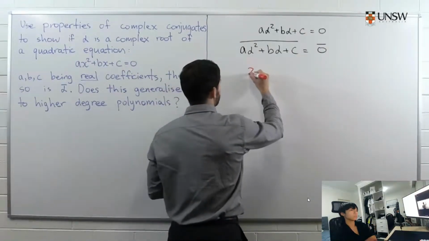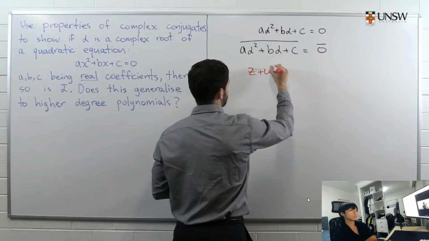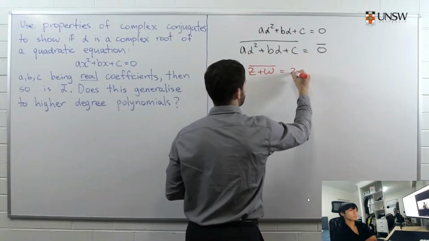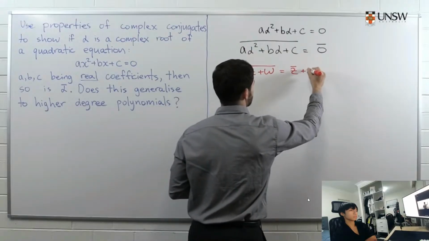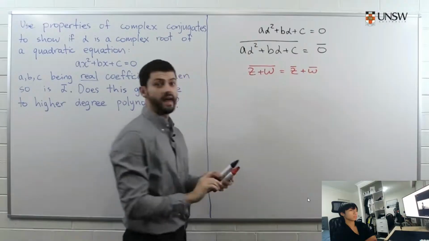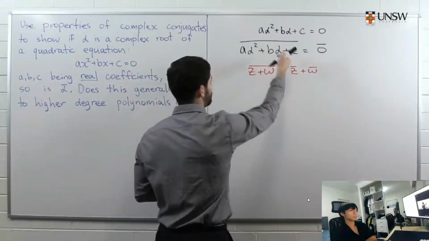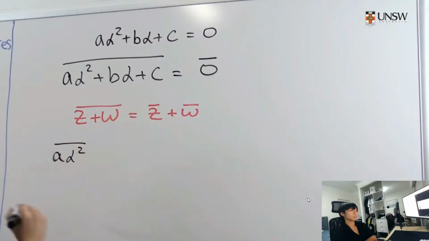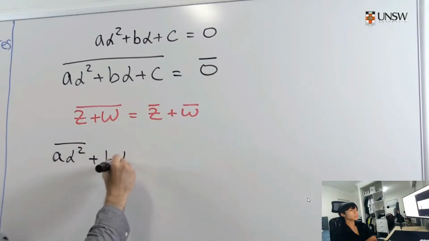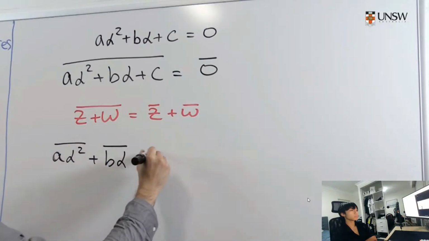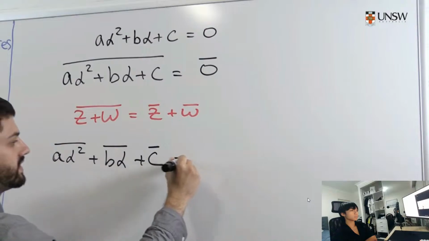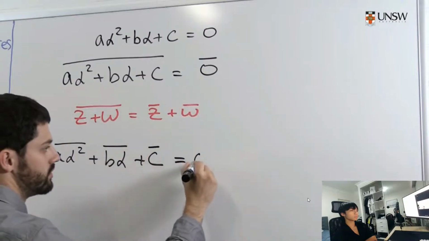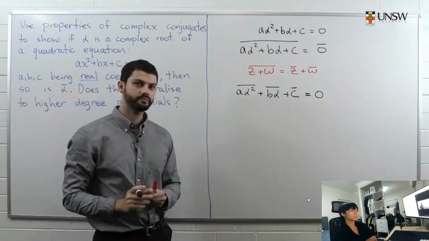So if we have two complex numbers, z and w, the conjugate of the sum is the same as first taking the conjugates and then adding them together. Applying this formula, we get A conjugate times alpha squared conjugate plus B conjugate times alpha conjugate plus C conjugate, and as I said, the conjugate of 0 is 0, so we just get 0.